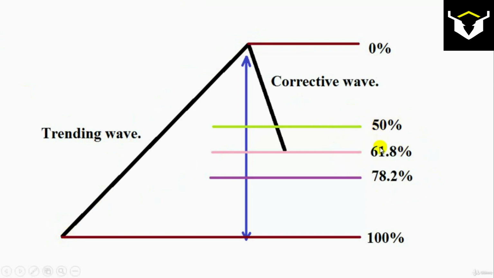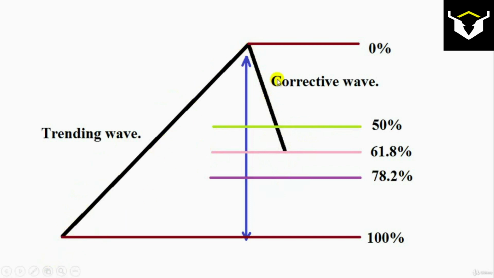Green is 50%, followed by 61.8%, followed by 78.2%. And more often than not, you will find the corrective wave structure finding support or resistance at these ratios. So this is how ratios are plotted. You take the full measurement of the trend and you simply plot.